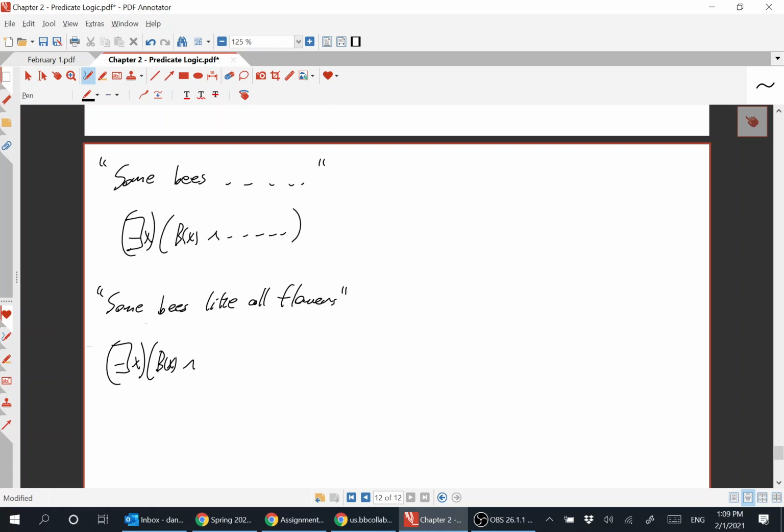Now, let's talk about the flowers. Some bees like all flowers. Which flowers? All of them. So how am I going to quantify now? There exists X, B of X, and what's the quantifier now?